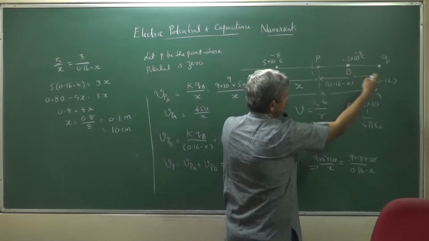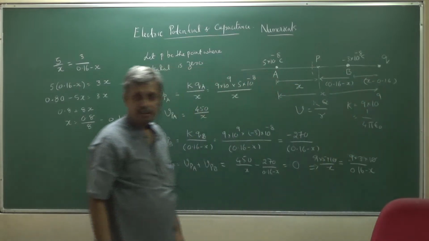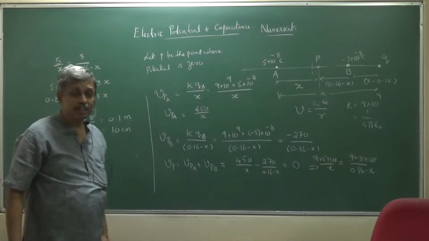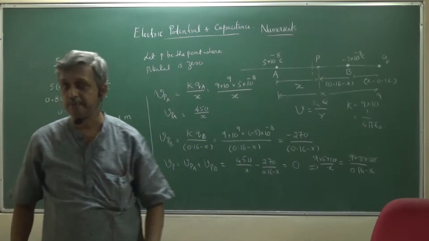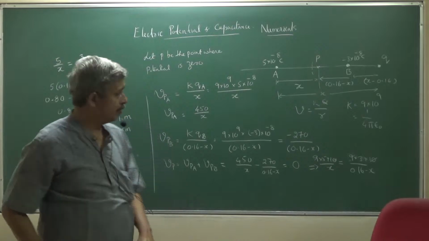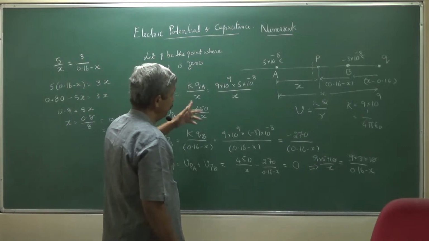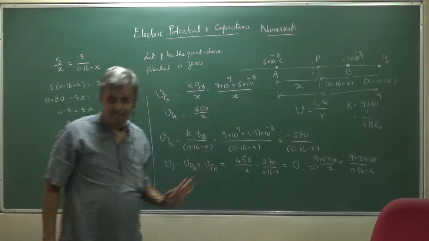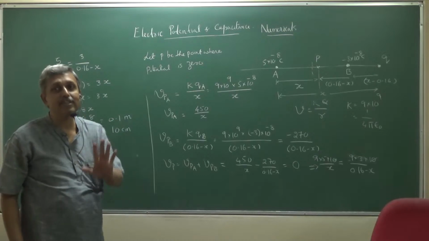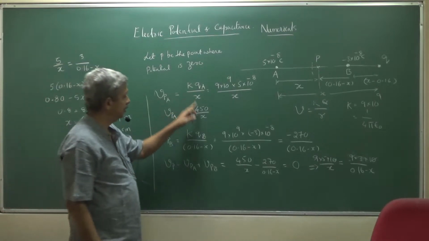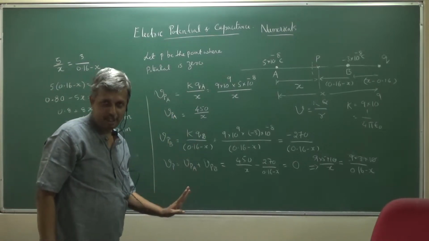This is 0.16. This has to be x minus 0.1. Now all the other procedures basically remain exactly the same. The first part will be calculating this x, which may be different from that x, the value of x, but still we call it x. So this is still 450 by x, same as before.